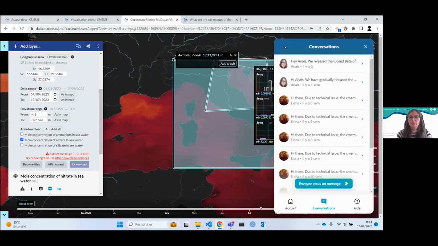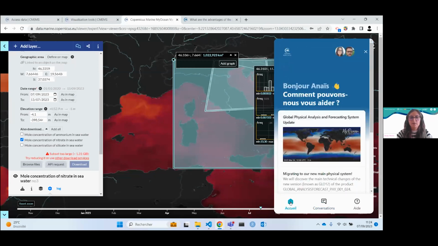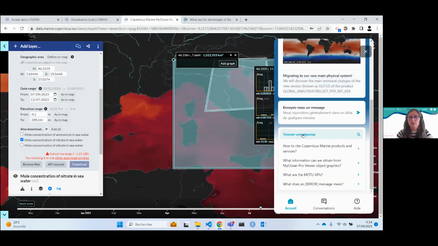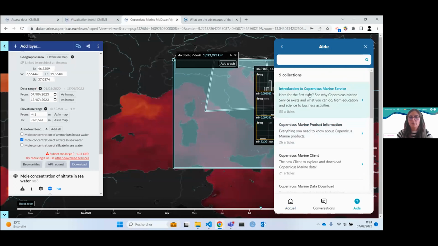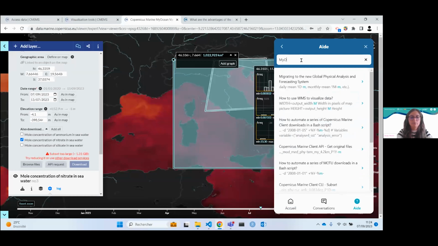You will also notice that on the home tab of the chat, you have direct access to our articles present on our epicenter. You can search for an article by entering keywords such as MyOcean, for example.